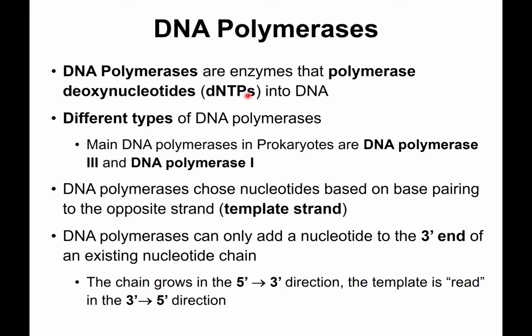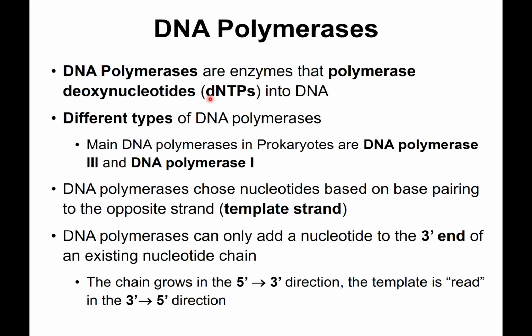And S stands for plural, so D for deoxynucleotides. So what DNA polymerase does, it polymerizes these deoxyribonucleotides into DNA, adds them together, forming the new strand. Now, the main ones in prokaryotes are DNA polymerase 3 and polymerase 1. There are more than two present in eukaryotic cells.